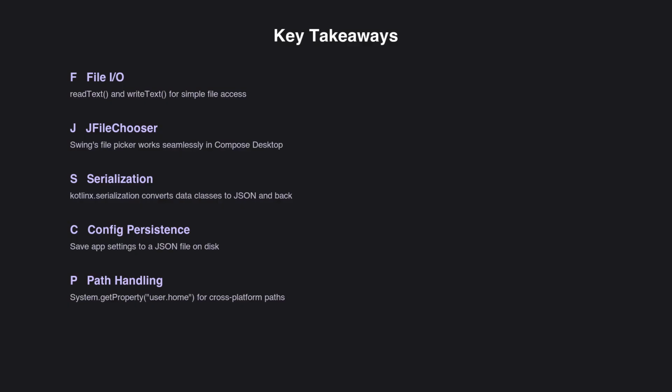Third, serialization. kotlinx.serialization converts data classes to JSON. Fourth, config persistence. Save app settings to JSON on disk. Fifth, path handling. user.home gives cross-platform paths.